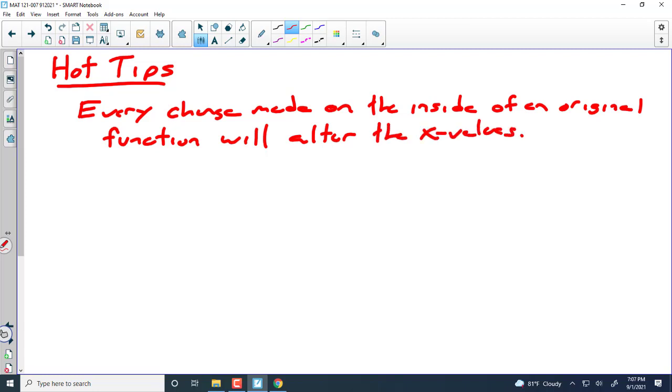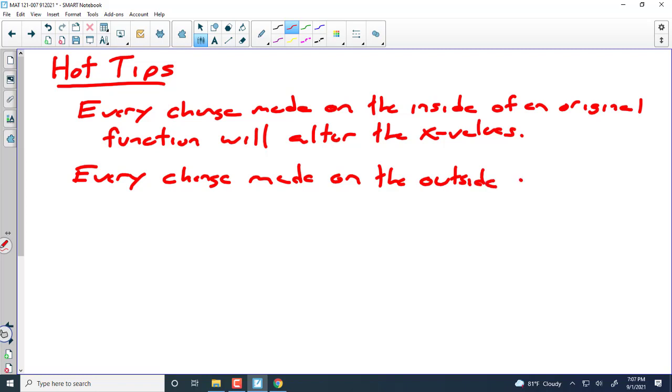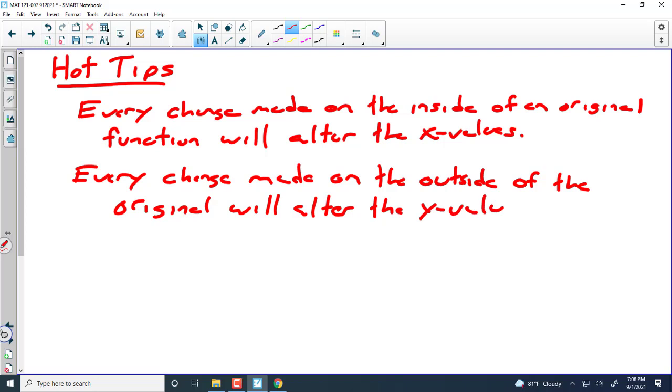So if we're doing something on the inside, that's going to change the x values of every ordered pair. Every change made on the outside of the original will alter the y values. So that's one thing we can use to help us keep track.